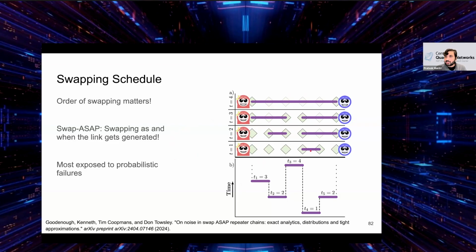So whenever there is a probabilistic failure, we go back to zero. It's more like playing snakes and ladders, and we end up starting the entire process again. So this is not as good when we are trying to generate links over very long distances.